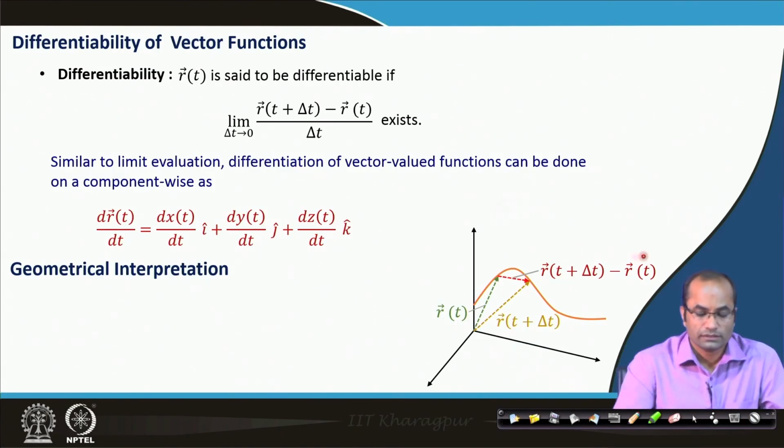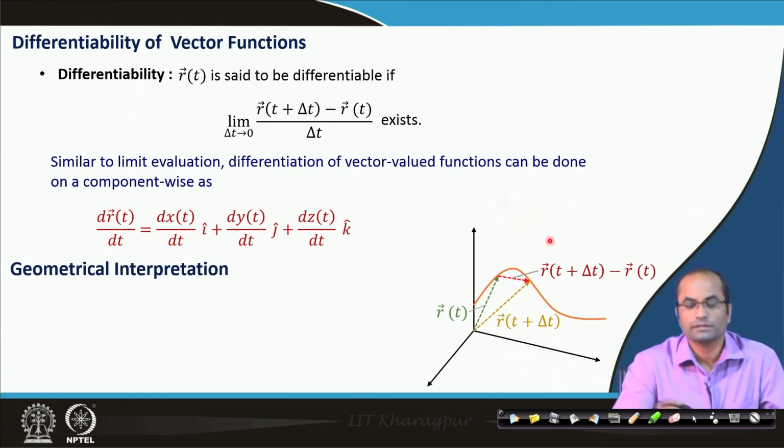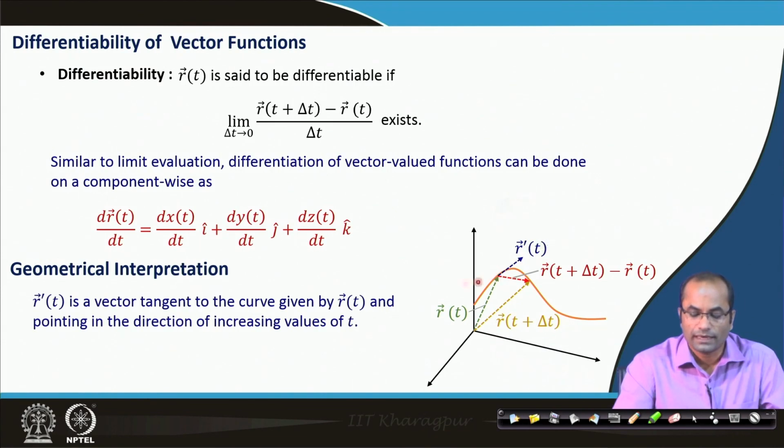So this derivative gives us exactly the tangent vector r prime(t), which we have denoted here, and the direction of this tangent vector will be in the direction of increasing values of t, because this was r(t) and this was r(t plus delta t).